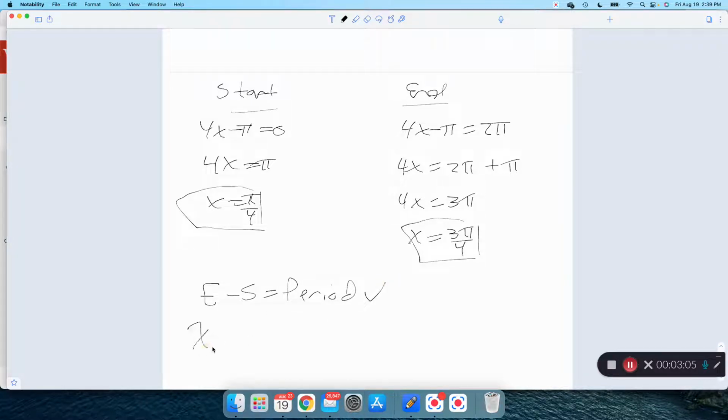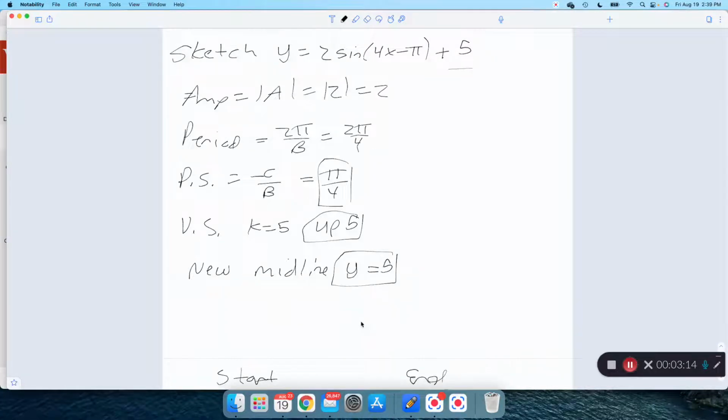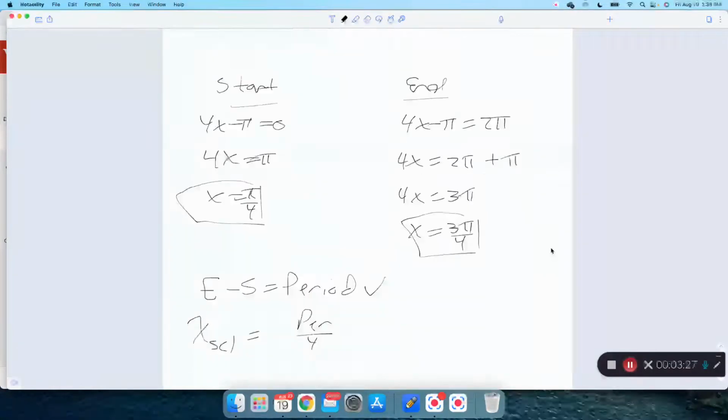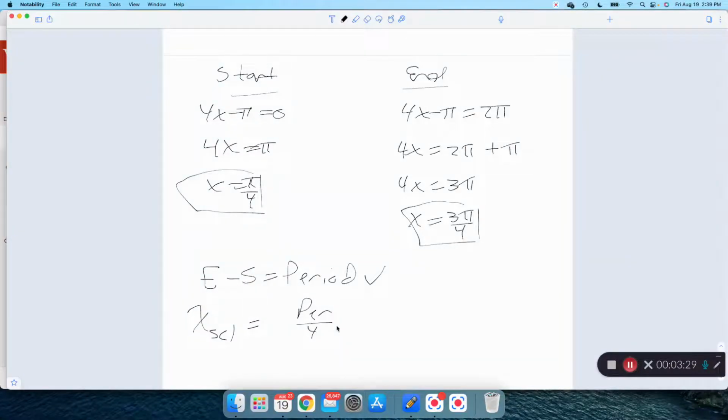Last thing we've got to find is our x scale. That's always the period over 4. So our period here, maybe it would be better to reduce this. I could write this as pi over 2 because I'm going to be dividing by 4, and I'd rather work with 8 than 16. Could have left it alone, could make everybody 16, it'd be perfectly fine.